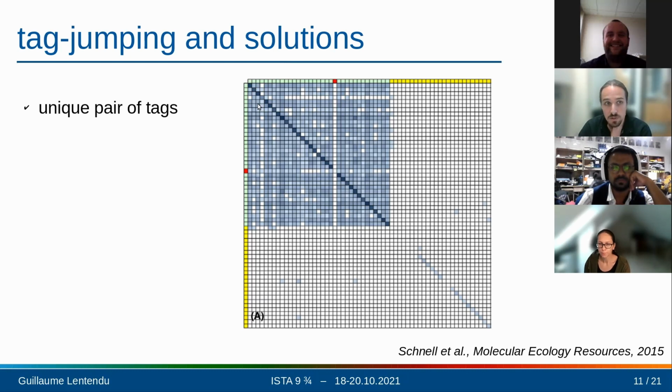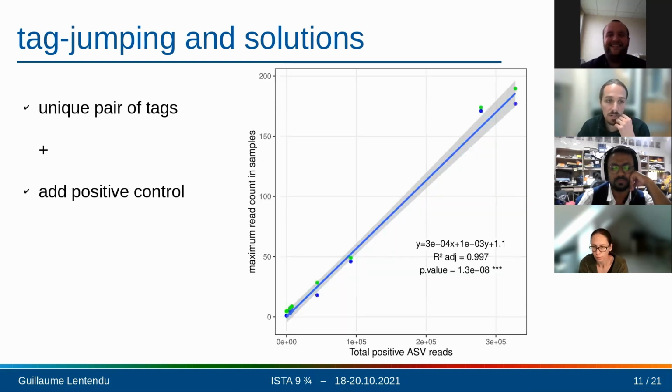One solution is to use unique pairs of tags. If you have more than 25 samples you want to pool in one run, then you have to do multiple libraries. It costs a bit more, like 30 to 50 euro or dollars per library, but it avoids a lot of this tag jump.